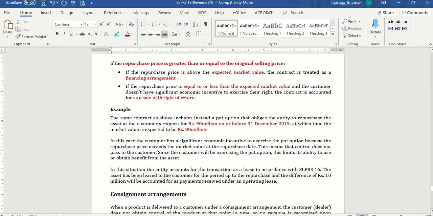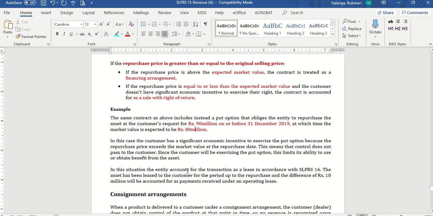In this case, the customer has a significant economic incentive to exercise the put option because the repurchase price exceeds the market value at the repurchase date. This means that control does not pass to the customer. Since the customer will exercise the put option, this limits its ability to use or obtain the benefit of the asset.